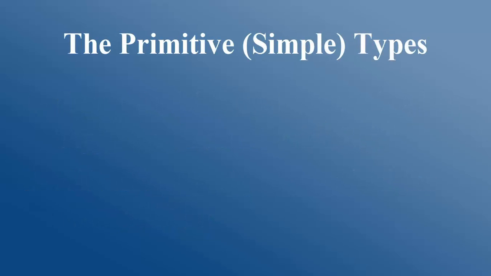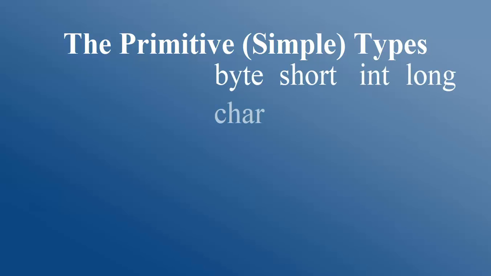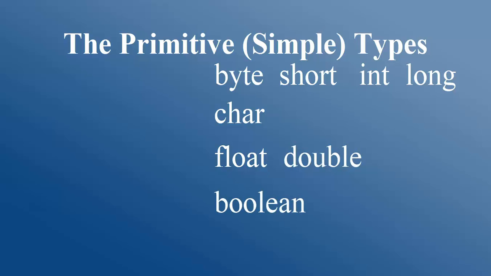So in Java we have what we call primitive types or simple types. Java defines 8 primitive types, which are byte, short, int, long, char, float, double, and boolean. The 8 types can also be grouped into 4 groups.